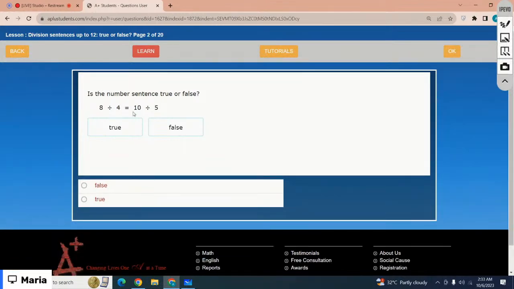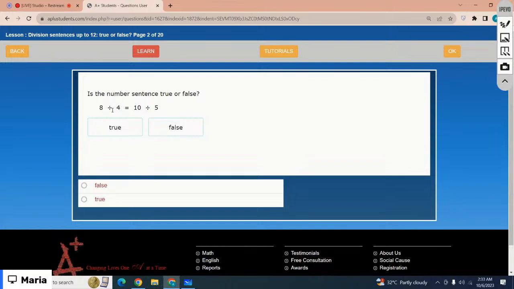Okay, the next one is the number sentence true or false? 8 divided by 4 and 10 divided by 5. Which is the correct option? 8 divided by 4 equals 10 divided by 5.